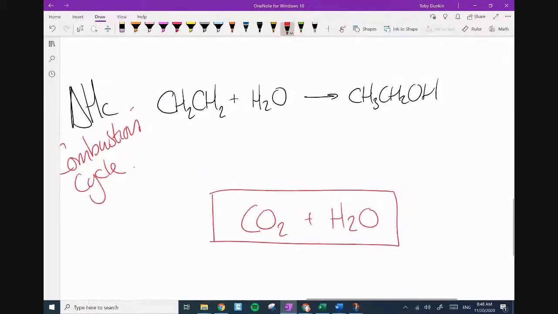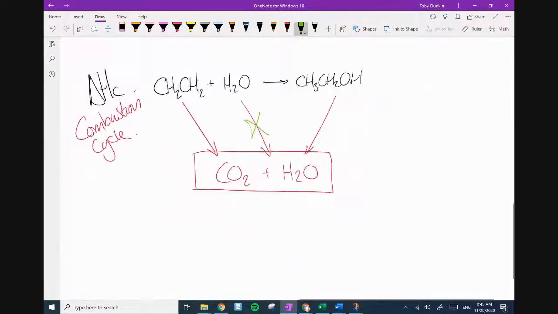It's a good rule, really. So anyway, what we can now do is burn everybody. I can burn ethene and turn it into CO2 and water. I can burn ethanol and turn it into CO2 and water. And the great thing is water to water doesn't count. You can't burn water. So it disappears from the cycle in this particular example. So you pick up a cool rule.